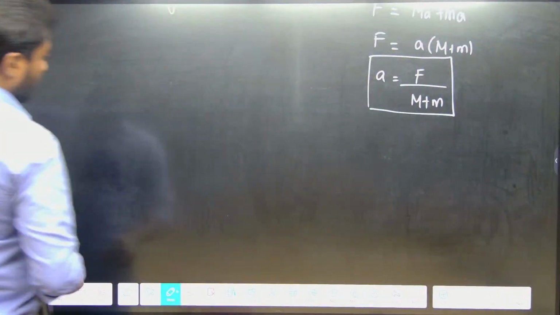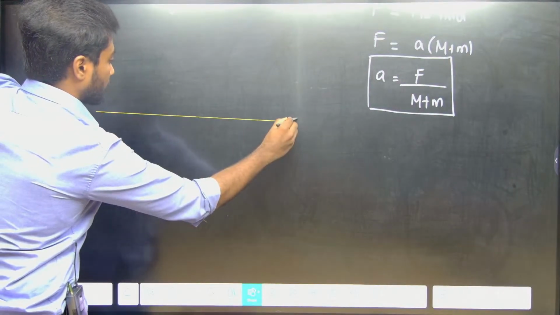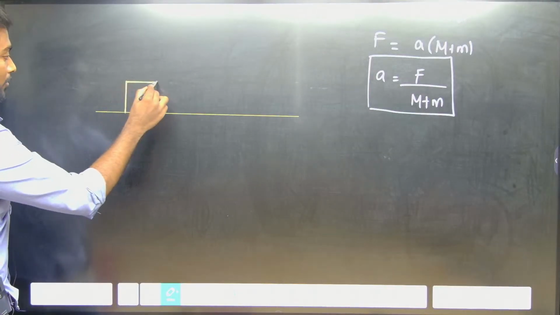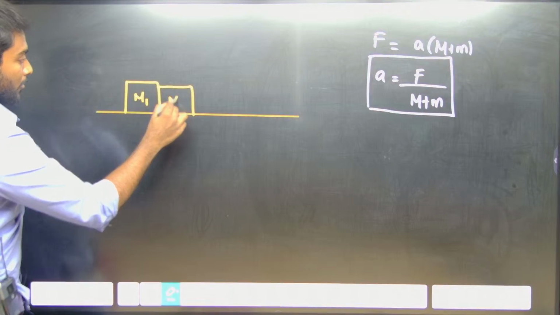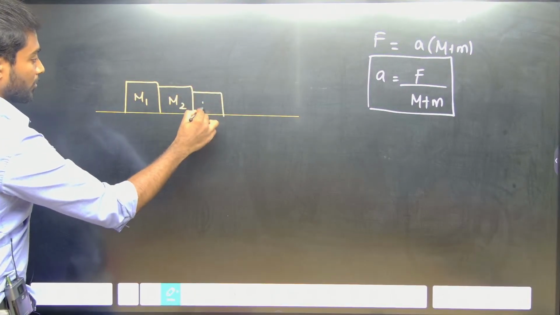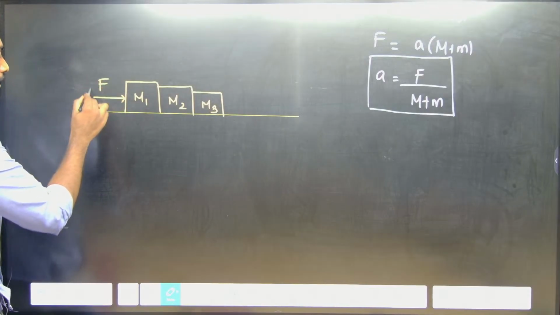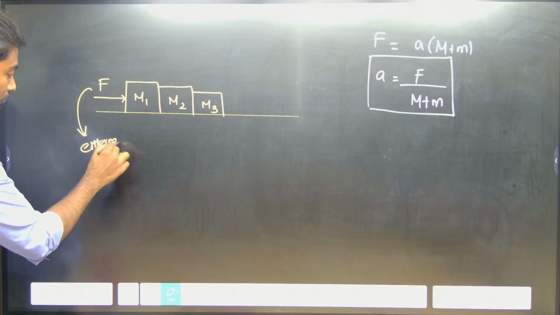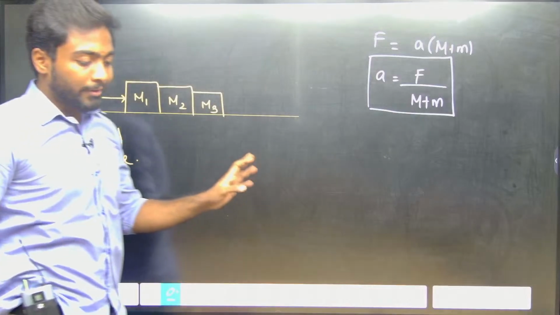Okay. Now I will take the condition of 3 blocks: M1, M2, M3. Now this is my force. Which force is this? External force. Now what is the acceleration?